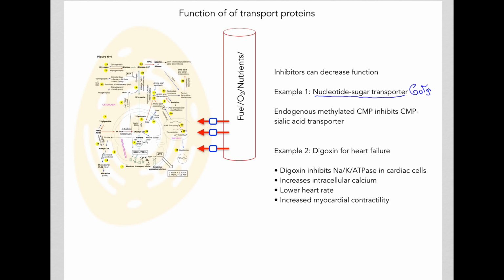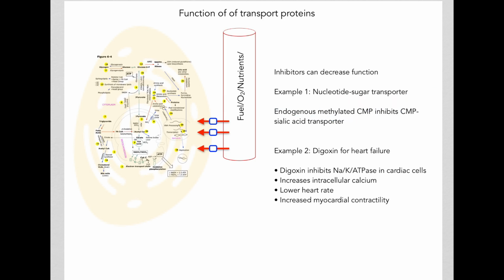This transporter will transport chemicals such as CMP sialic acid across the Golgi membrane. This transport protein is inhibited by methylated CMP. So when methylated CMP is present, it will affect this transport protein, and the transport of CMP sialic acid across the Golgi membrane will be reduced.